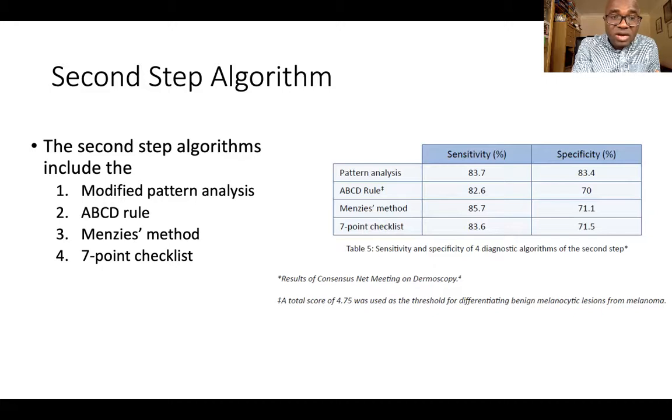You can stick to them, but we're going to concentrate on modified pattern analysis, which has a sensitivity of 83% and specificity of about 83% as well. So it's pretty good in terms of the methodology that we're going to use here in distinguishing between a benign melanocytic lesion and a melanoma. That's what the second step is about.